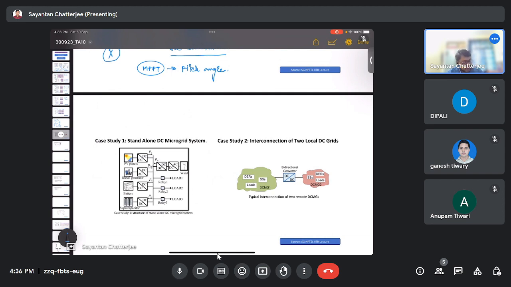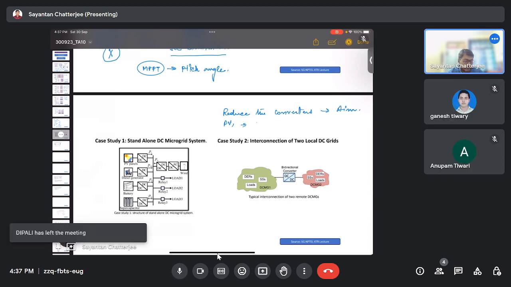So we need to reduce the converters. That's the aim. Since the generation of PV is more, and the generation is in DC, there is only one converter stage.